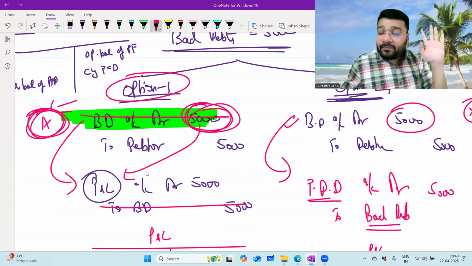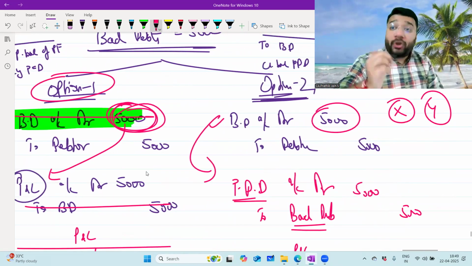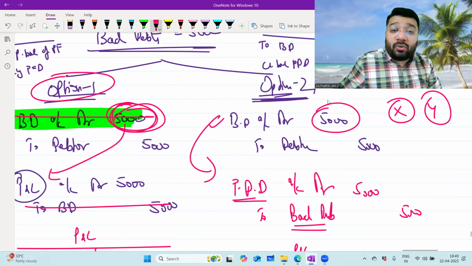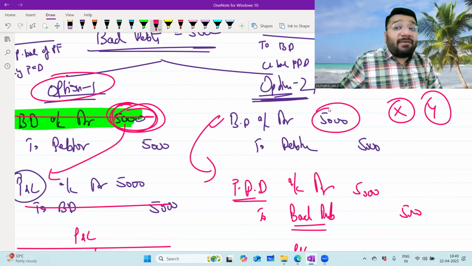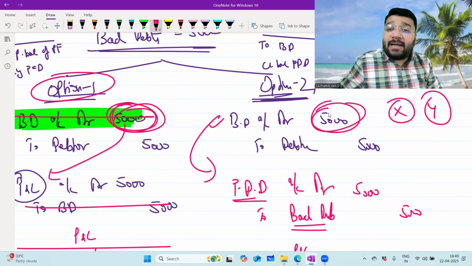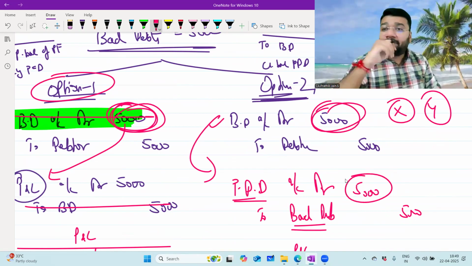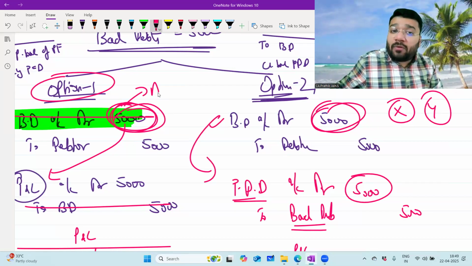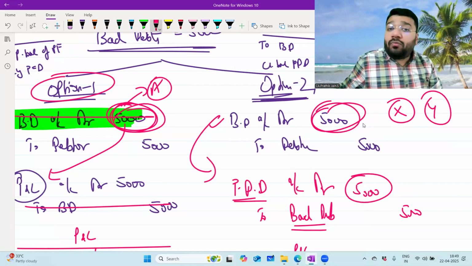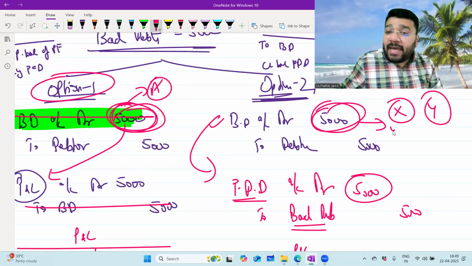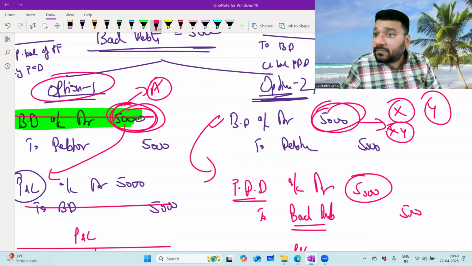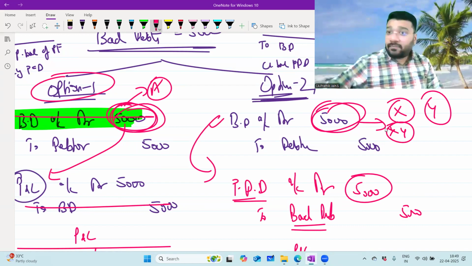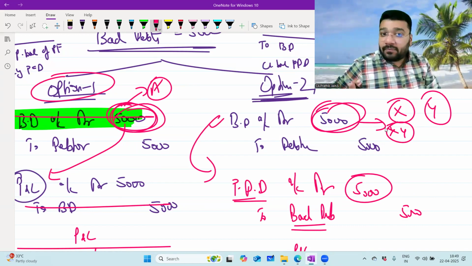If this 5,000 is not belonging to A but is going to X, then I will not transfer this bad debt to P&L. I'm transferring it directly to PDD. So in option 1, we assume this 5,000 is bad debt of A. In option 2, we assume this 5,000 is bad debt of X or Y. So we basically record it individually. Individually, that's right.